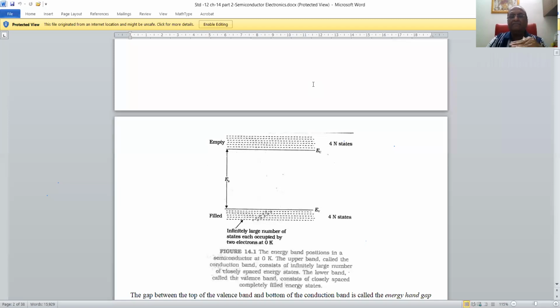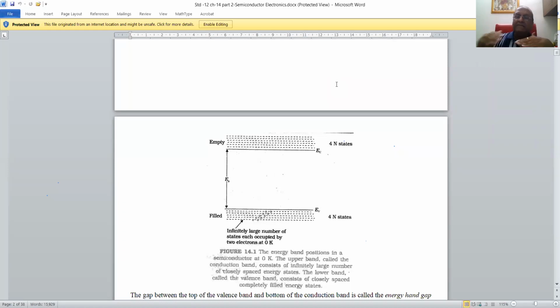But here the group of energy levels which is occupied by electrons, which is the filled one, that particular group of energy levels is called valence band, and the group of energy levels which are with higher energies is called conduction band.